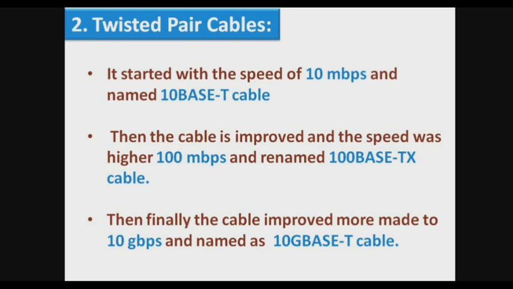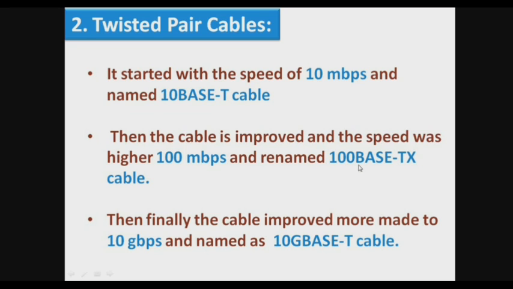Again the twisted pair cable was improved a little more and renamed 10 G base T cable, because 10 G base T cable is able to transfer 10 gigabits per second of data from one computer to another computer within a LAN.